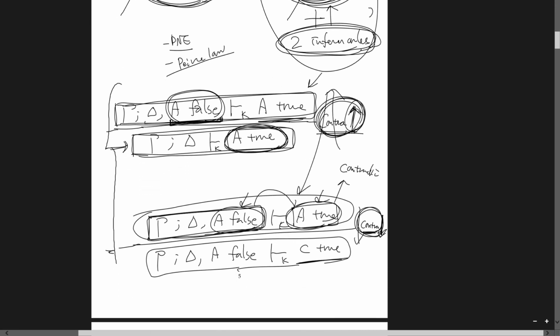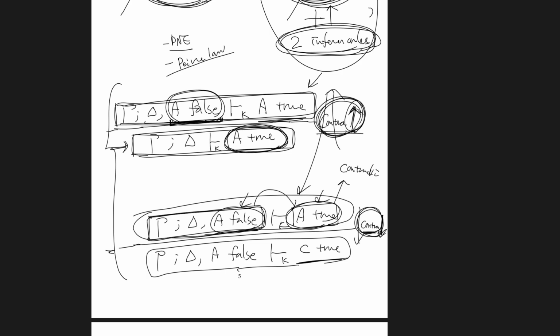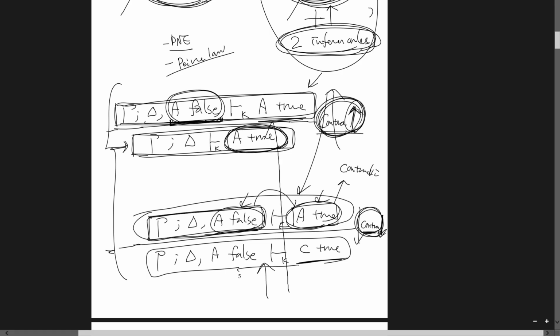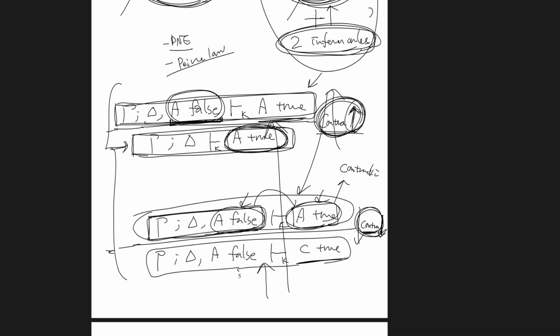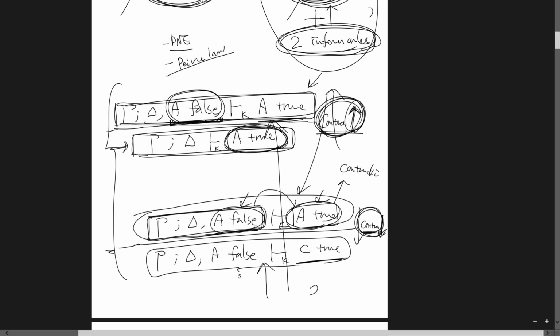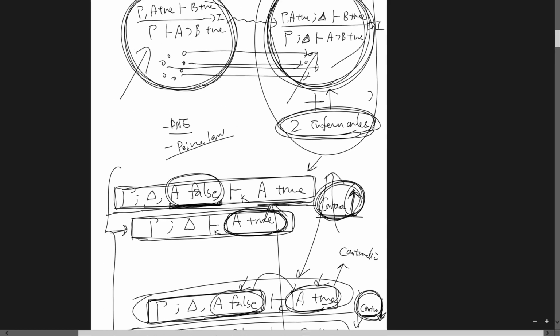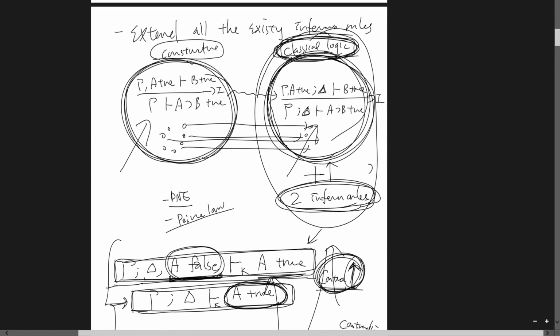And these two inference rules still preserve orthogonality simply because there is no logical connective here. Everything is explained in terms of the notion of judgment, not logical connective. So we have formulated classical logic without destroying orthogonality.